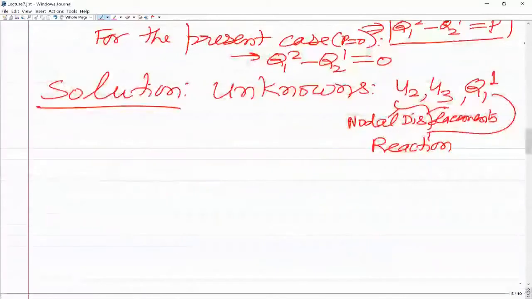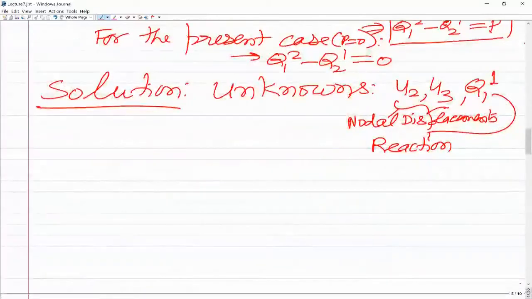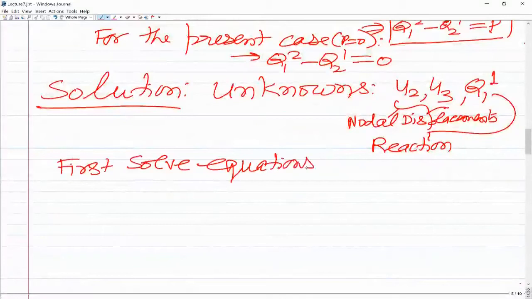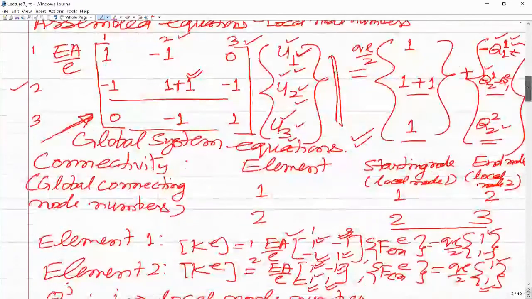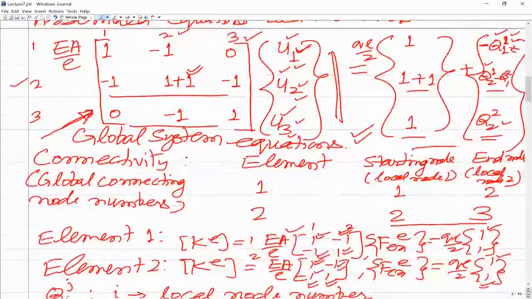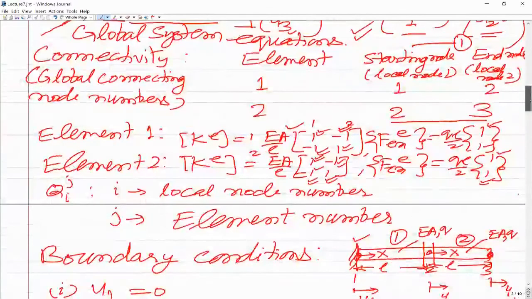So for these unknowns, we first solve these equations. Let me number them. These are three equations. Let me call the whole thing equation 1, and it has three parts: 1 1, 1 2, and 1 3. The first subscript is the equation number, and the subscripts are the sub-equation numbers.